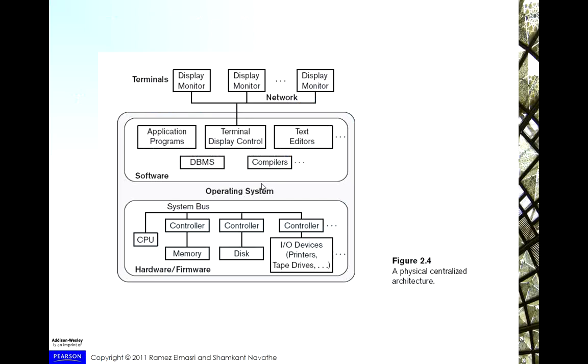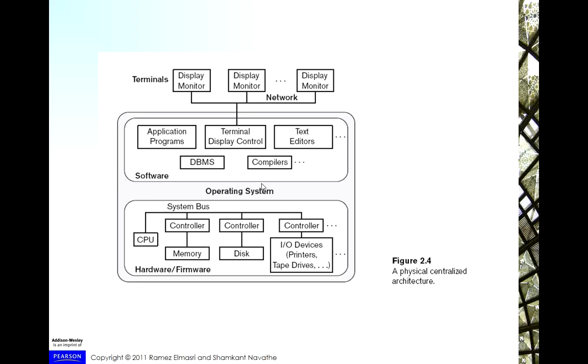The physical centralized architecture looks like this. You see the terminals connected through a network to application programs, whether they use an application program terminal or text editors. Any one of this software of the database management system can be used to connect to the database management system, which is installed on an operating system, and the operating system itself contains all these devices, as you can see: system bus, CPU, memory controller, disk, I/O, input/output devices.